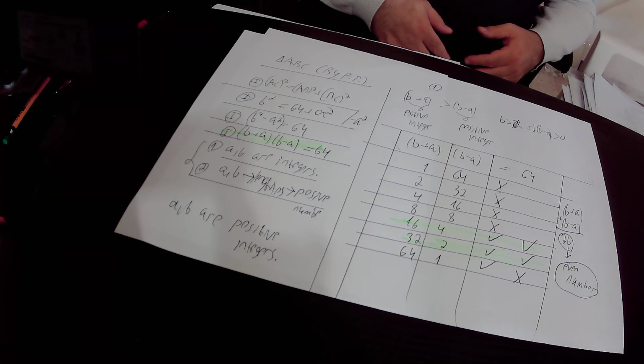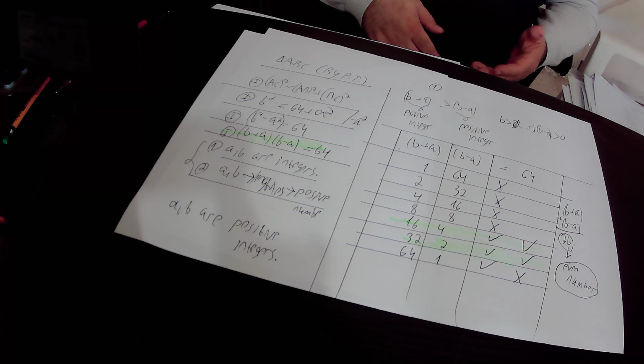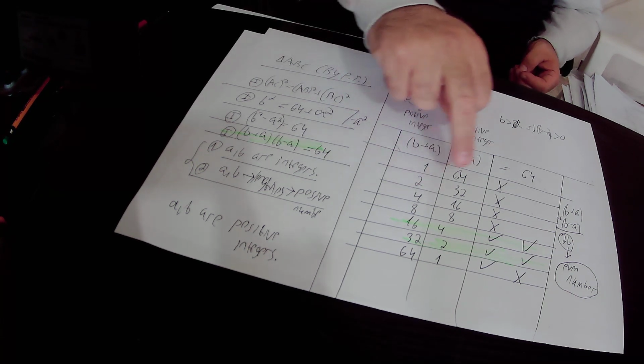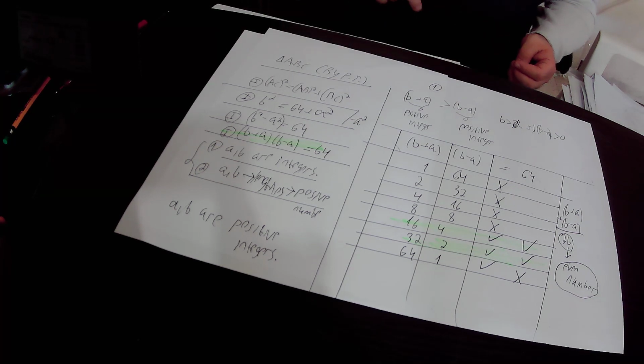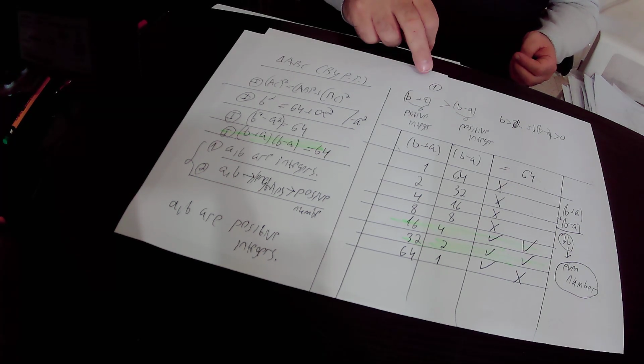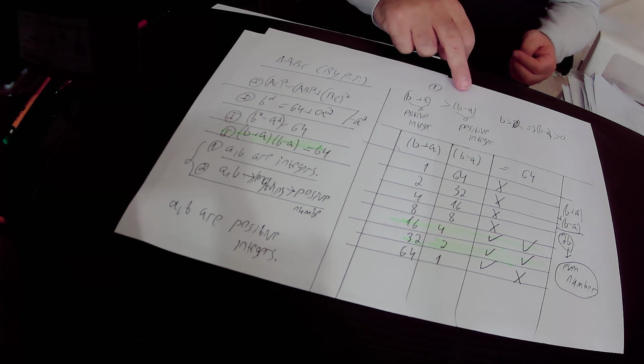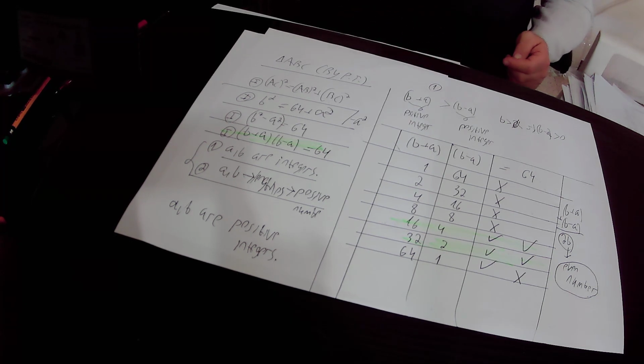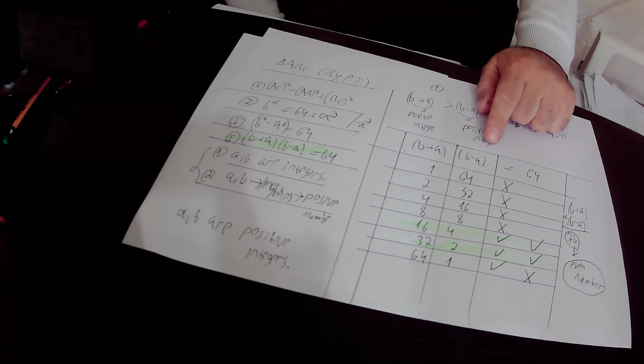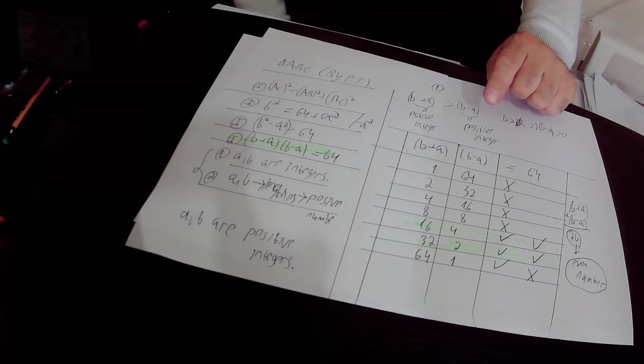So for us, the only valid options will be when the first column is greater than the second column. Otherwise, it is not a good option for us because we have already found out that b plus a must be greater than b minus a. So we check in which case we get that the first column is greater than the second column.